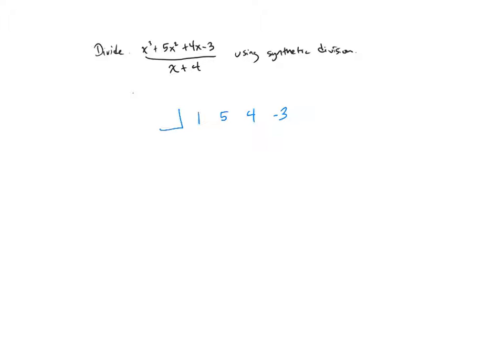So I'm going to put a box off to the side. And in that box, I'm going to put what makes x plus 4 equal 0. Well, that would be negative 4. I'm going to bring the 1 down. And then multiply. That goes in the next column above the line. And then add.